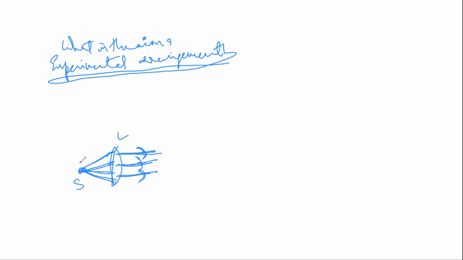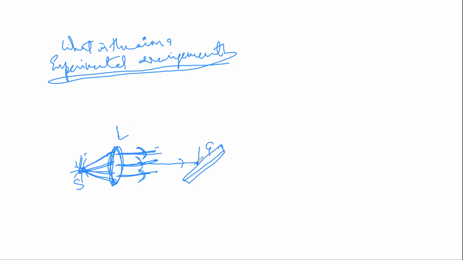Then it is made to fall on a semi-silvered or partially silvered glass plate, this is G. Now what happens?